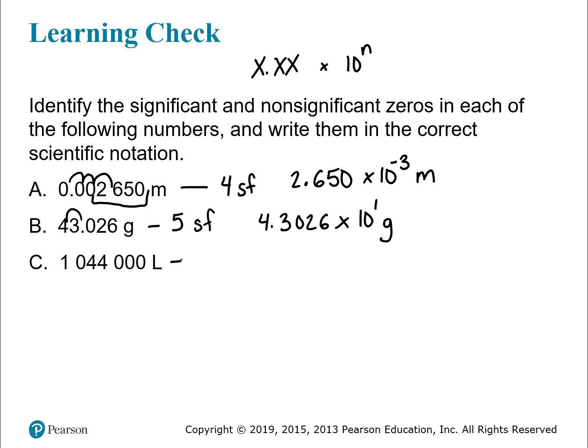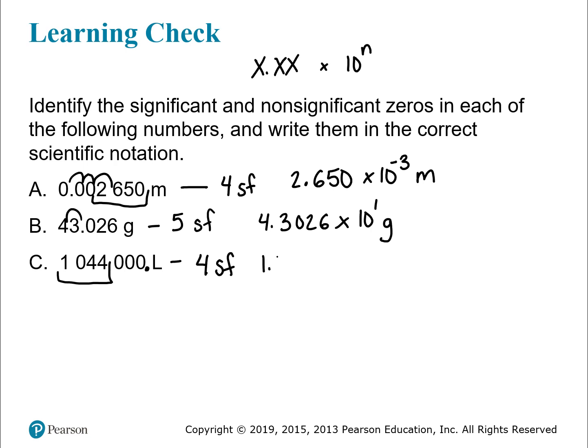For letter C, there's only 4 sig figs. These other zeros at the end are placeholders. So we can drop a decimal point here just to visualize it, but for the purposes of significant figures, remember, it's not really there.